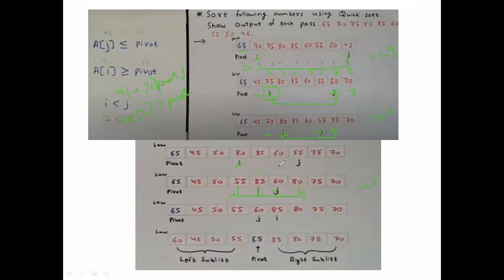Then swap these two values. So 60 here, 85 here. Now I value is here only, j value is also here only. After swapping, ij value stay here only. Now check the condition.